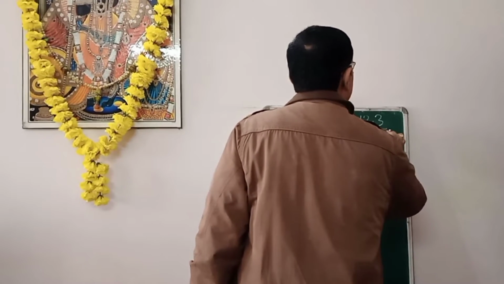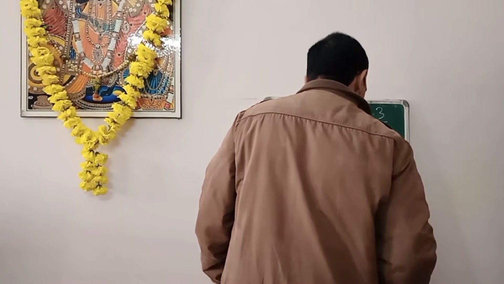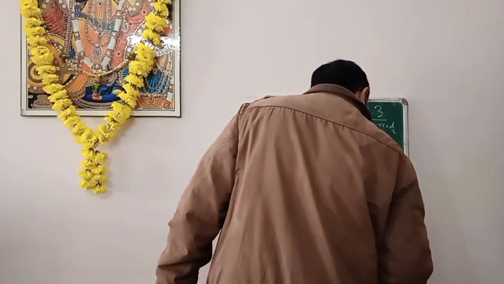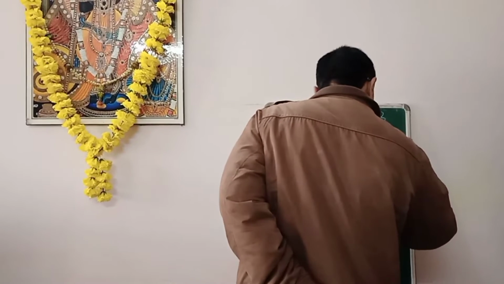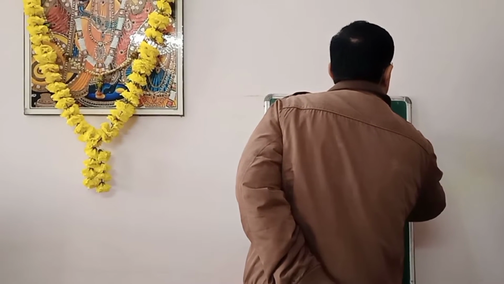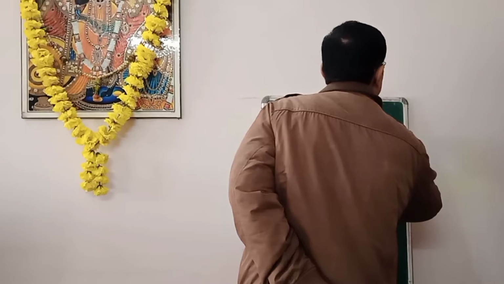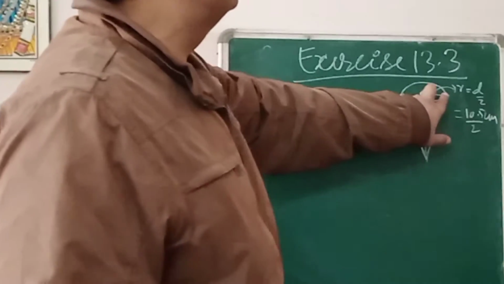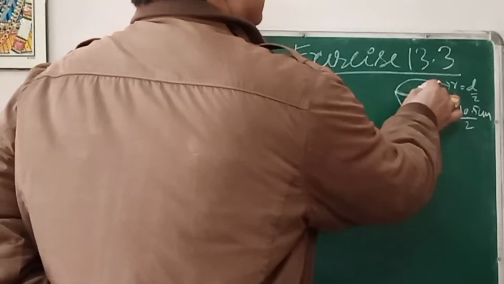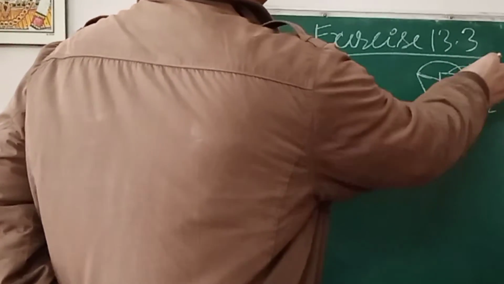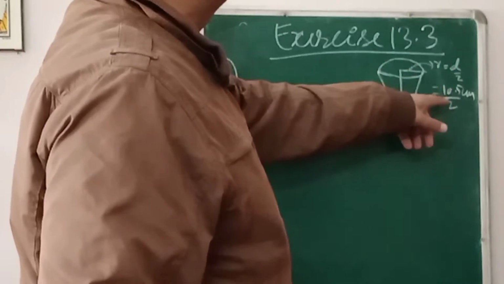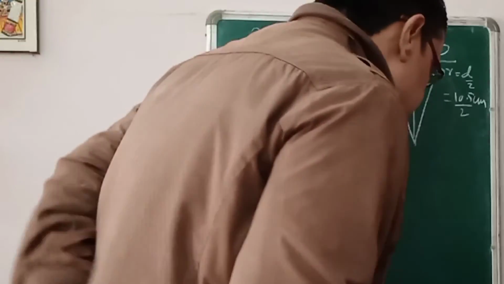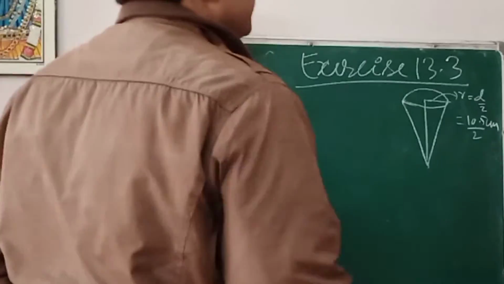This is r, here this is D by 2, and accordingly this is 10.5 by 2 centimeter. This is r, from this point to this point, the radius of the base, and this is diameter divided by 2. This is 10.5 divided by 2 centimeter as per the value given in the question.